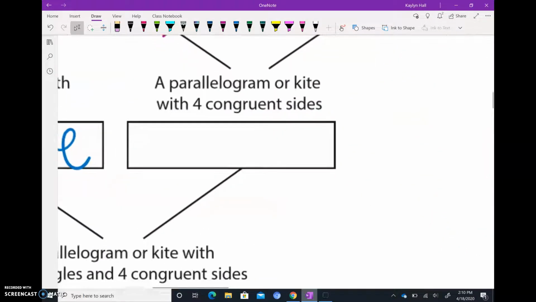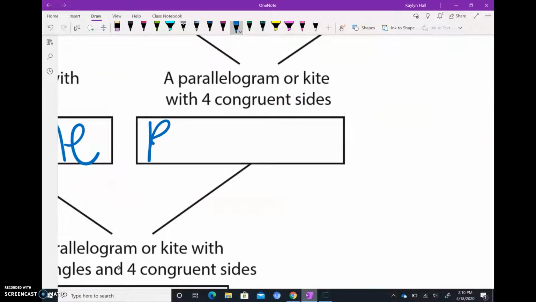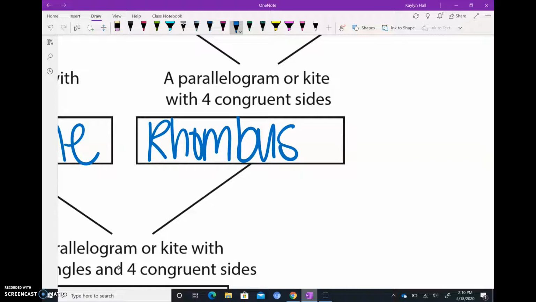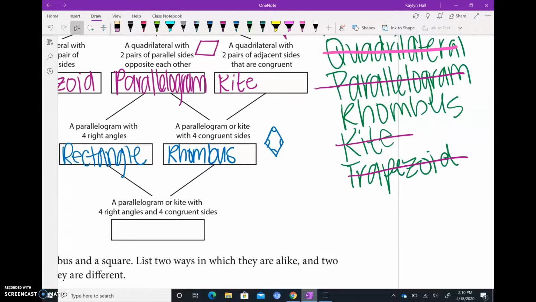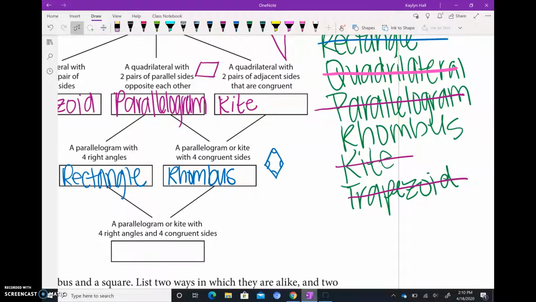That's kind of a trick question, but rhombus we're going to put here. It's got 4 congruent sides. It's still a parallelogram because the opposite sides are parallel, and it's still a kite because it's got 2 pairs of touching sides that are equal to each other.